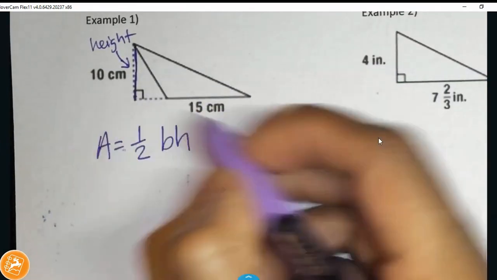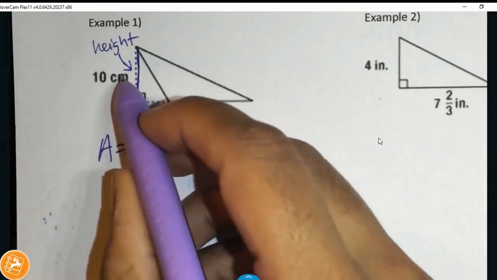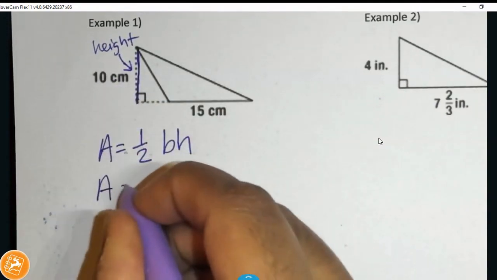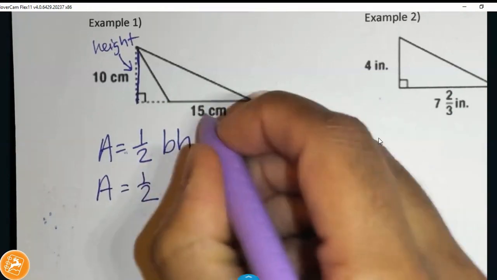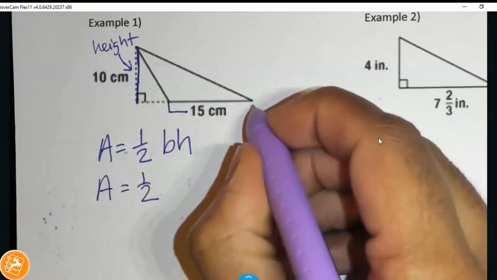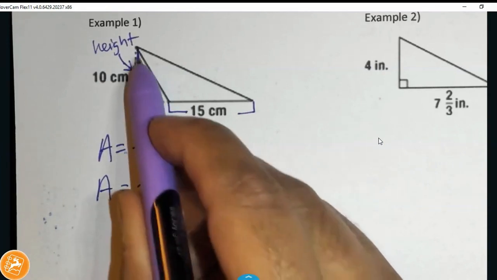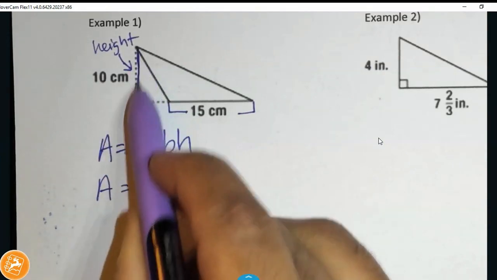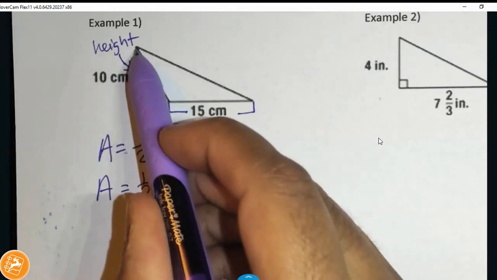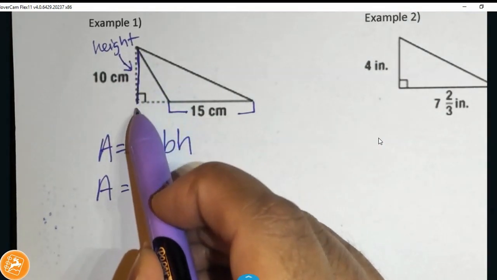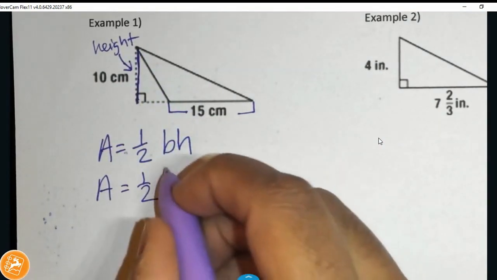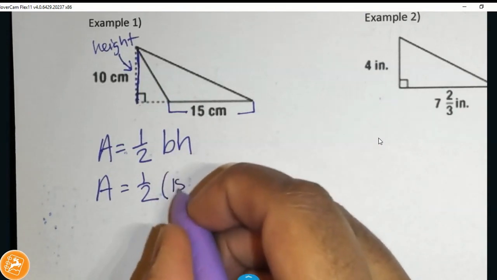All I'm doing is plugging in the numbers they give me. My base from here to here is 15. We don't include this dotted part here. This is just telling me that it's perpendicular, that it makes a right angle. So that means this line goes straight from the top to the base. So the base I have is 15.